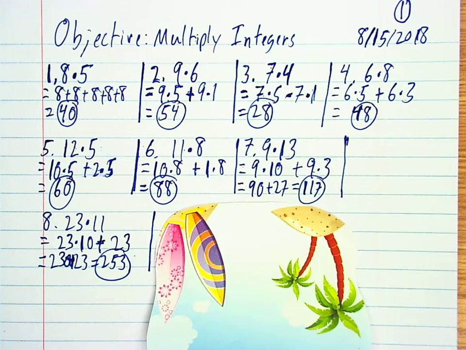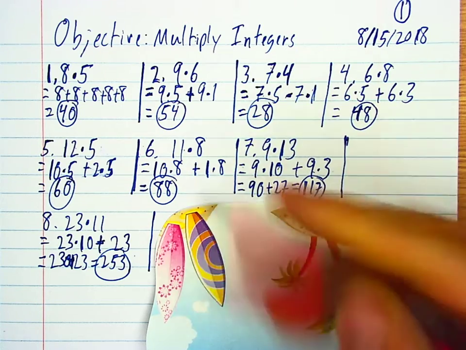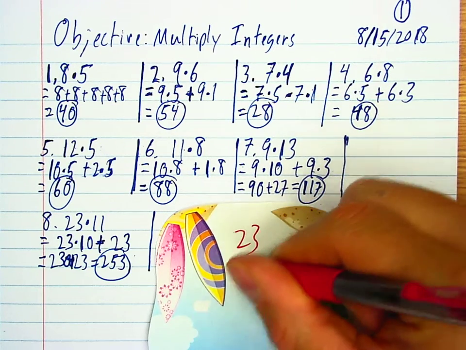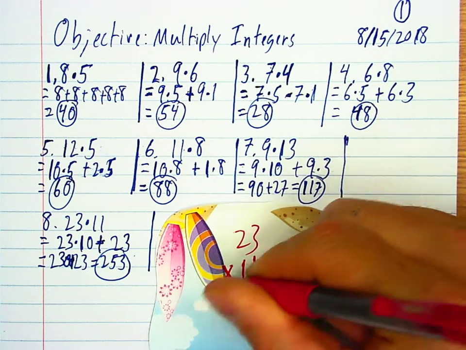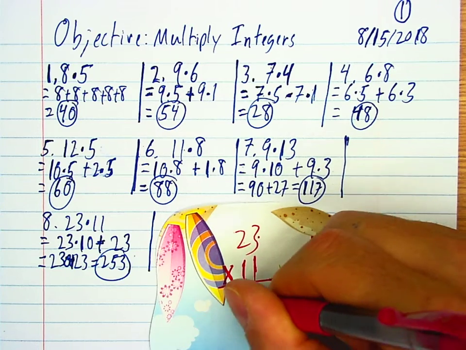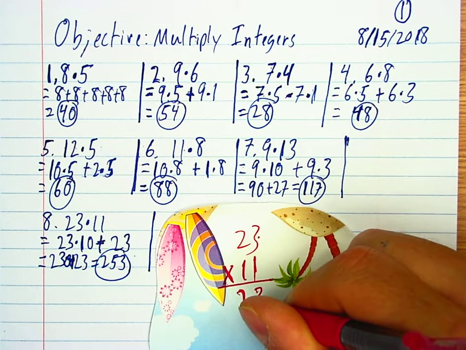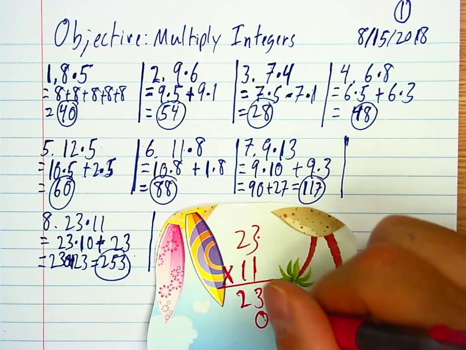So the vertical setup again here for this question would look like 23, put this times sign as an x, 11, and I would have 3 times 1 is 3, 2 times 1 is 2. Then I'm in the 10 spot, so I have a 0 here to represent tens because I'm doing 10 times the number.